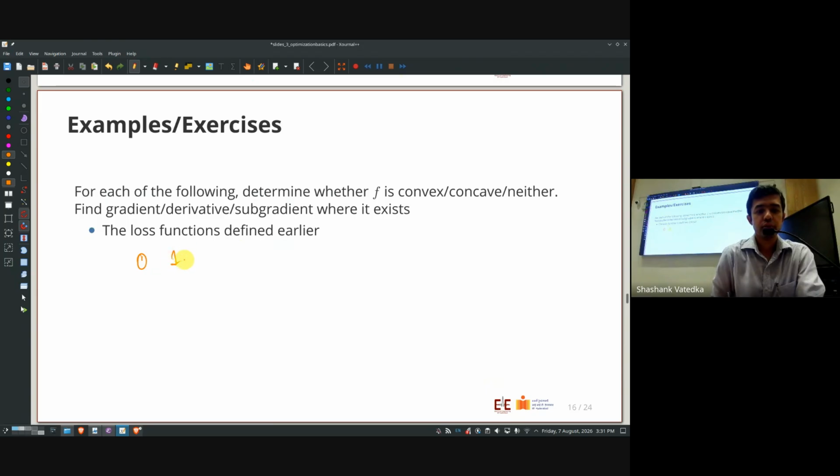So the first is the indicator of y less than 0. The second is f of y, which is, I think, 1 minus y if y is less than 1 and 0 if y is greater than or equal to 1.